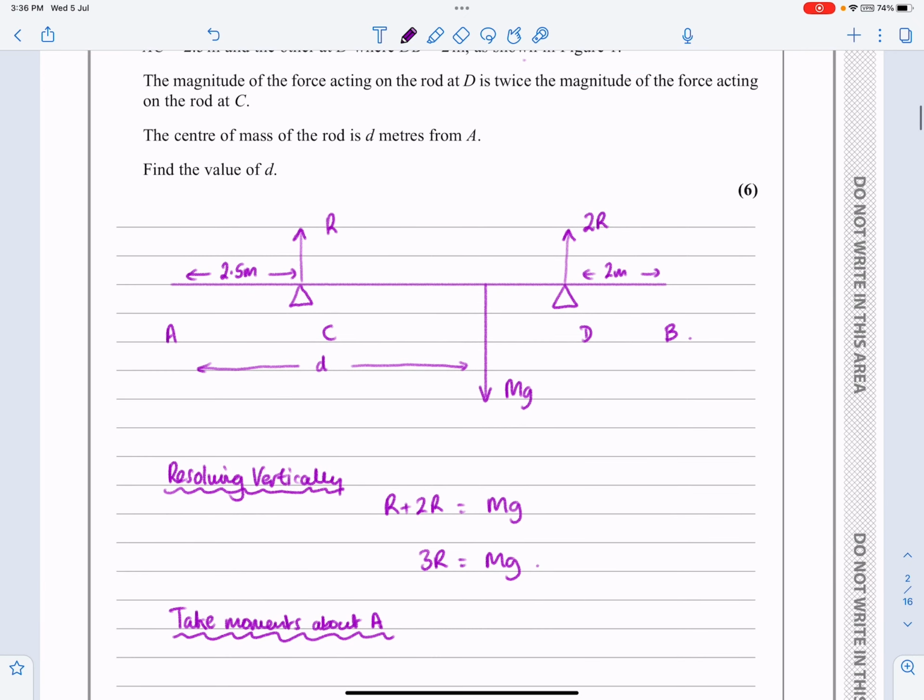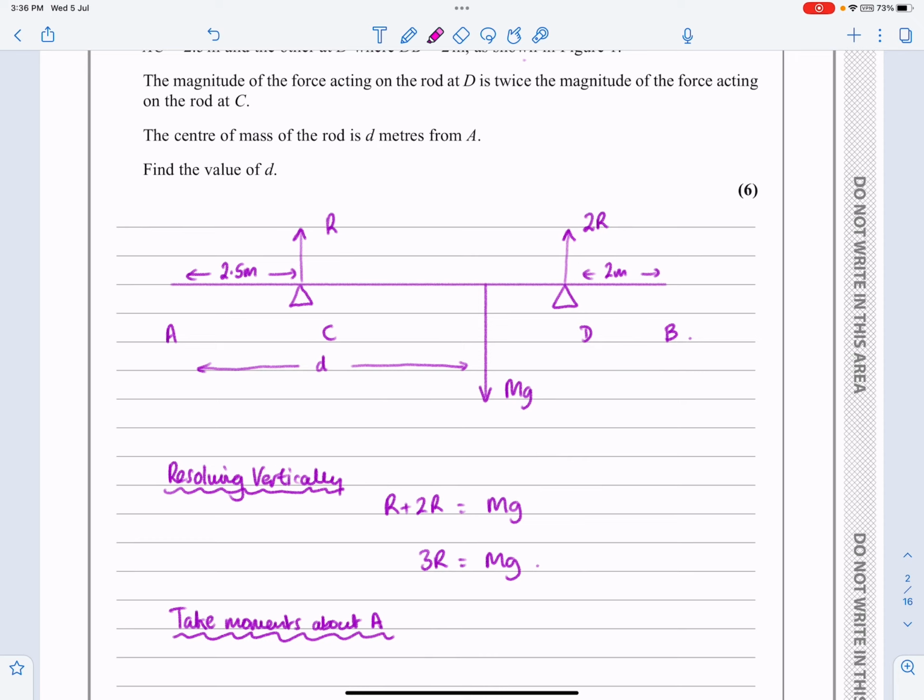And again, we know we're in equilibrium. So what it means is that mg times D, which is the only moment going clockwise, is going to be the same as R times the 2.5 and then 2R times this full distance here.